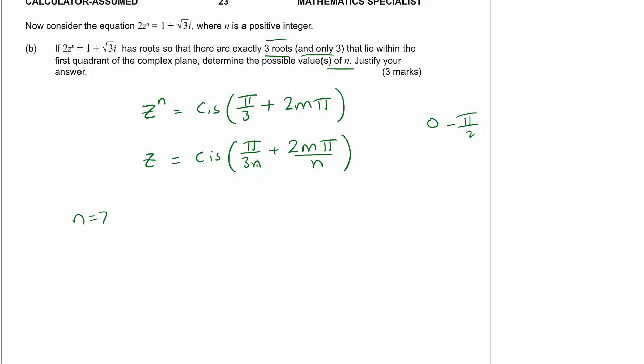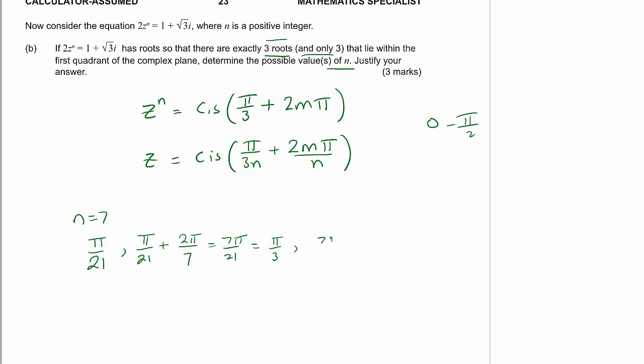And so we would have pi by 21 would be one of them. And then with m equal to 1, we'd have pi over 21 plus 2 pi by 7. So 2 pi by 7 is 6 pi by 21, so altogether this is 7 pi by 21, which is pi by 3.